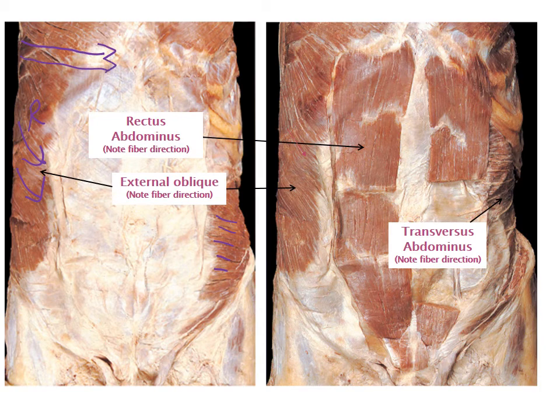Now, conversely, the external obliques on the left and internal obliques on the right would help bring your left trunk to your right. Does that make sense? I hope that makes sense.